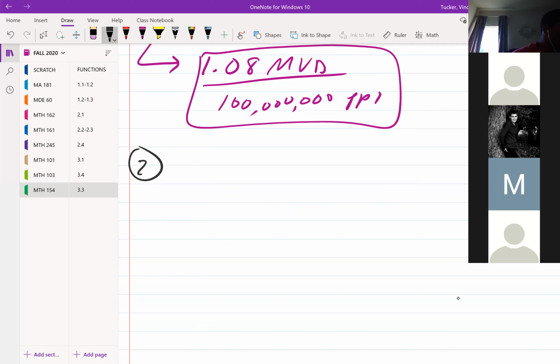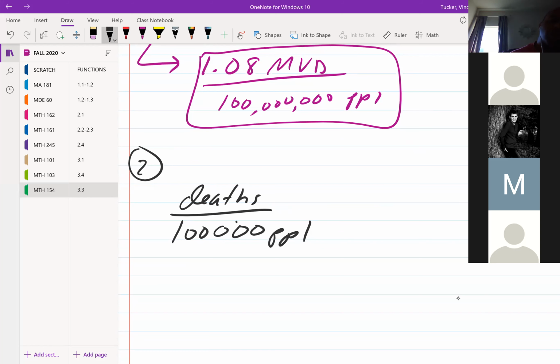All right, so we're looking at the mortality rate, the numbers I have. We want deaths per 100,000 people. So that's what we're looking for, deaths per 100,000 people.